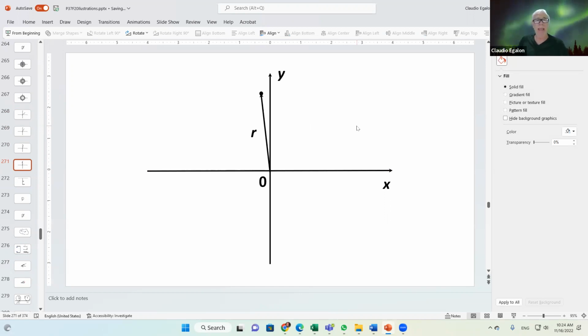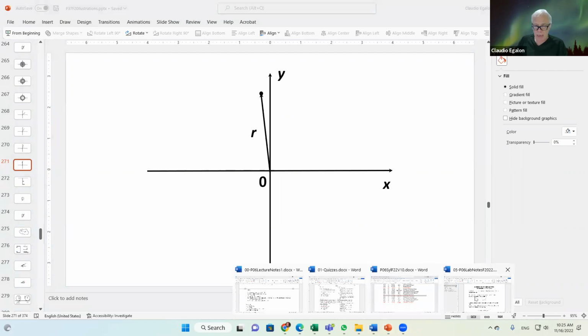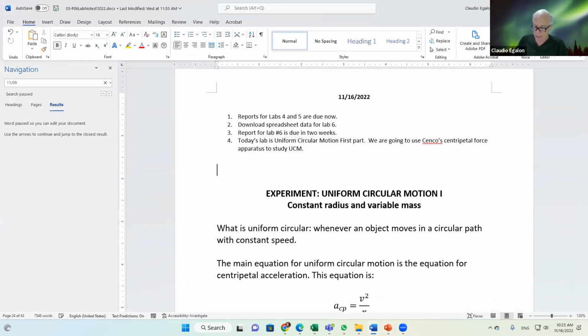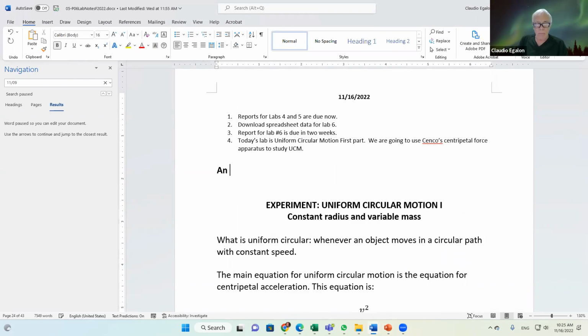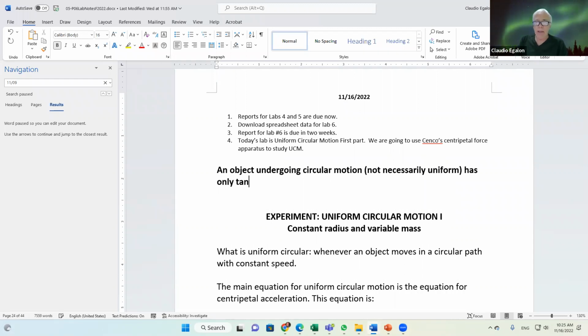In this specific case, because the length of this vector doesn't change, we say that the object has only tangential velocity. Let's write it down. An object undergoing circular motion, not necessarily uniform, has only a tangential velocity.